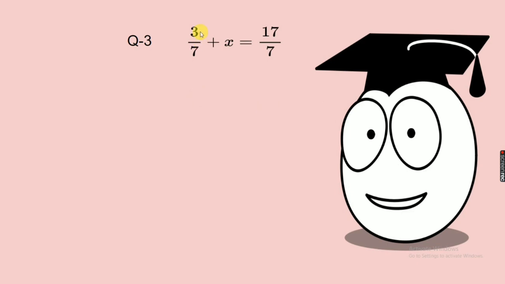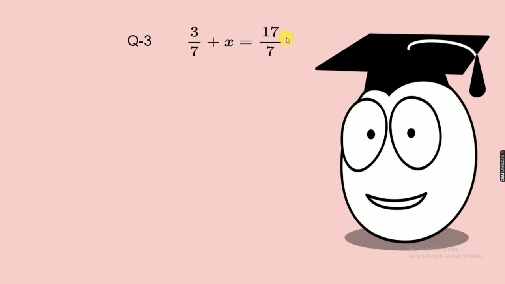Now we are given that 3/7 plus x is equal to 17/7. Now our variable is x and we have to find out the value of this x. For this, what would we do? We would transpose or shift this 3/7 to the other side.